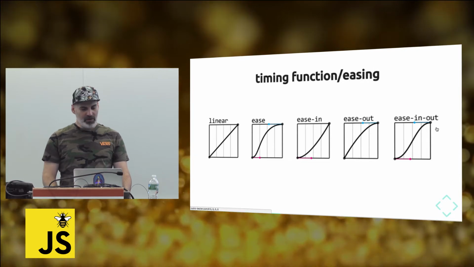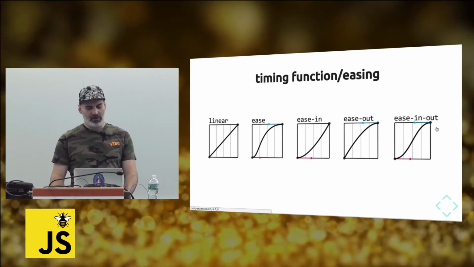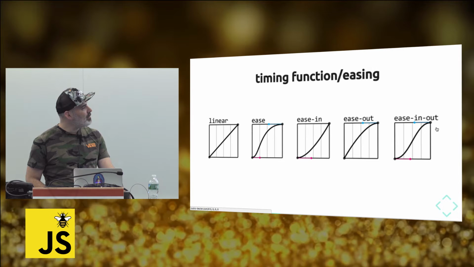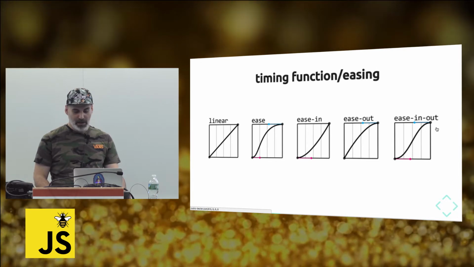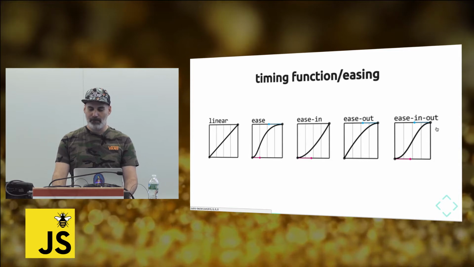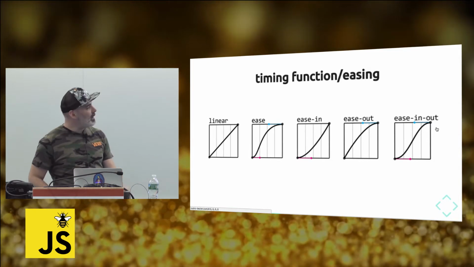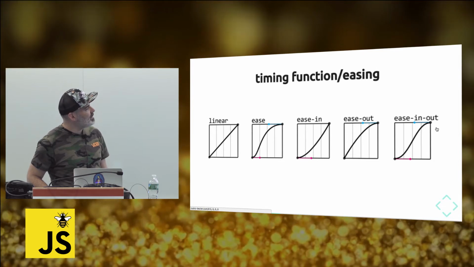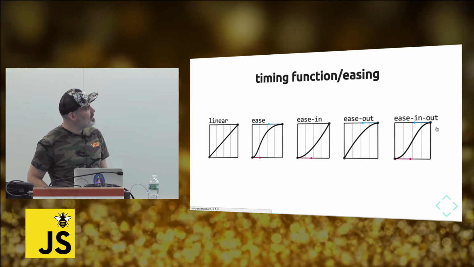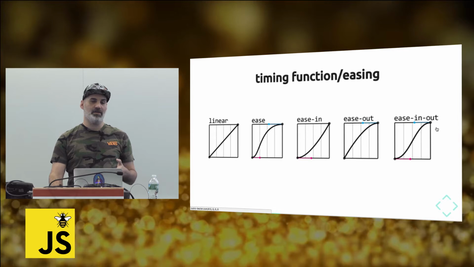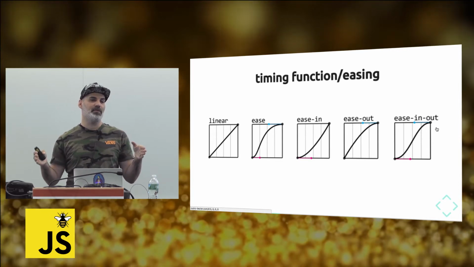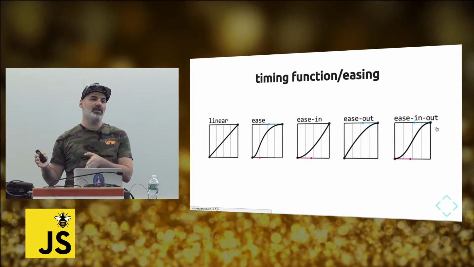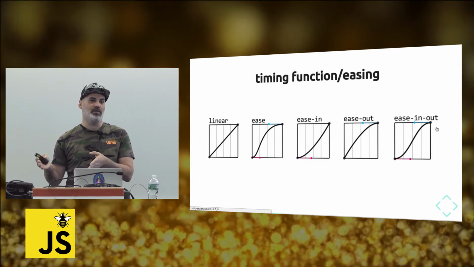We have many options for the timing function or easing. The most common one will be linear, but we have ease, ease in, ease out, and ease in, out. This will behave like this. So in the first example, the linear easing will be exactly like that. So for example, if we are moving an element from 0 pixels to 100 pixels, and we are at the middle of the duration, that will be 50 pixels.